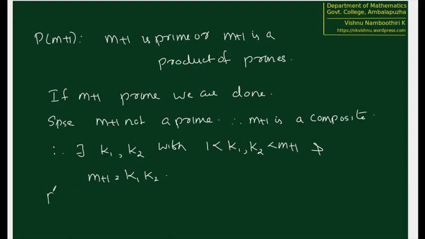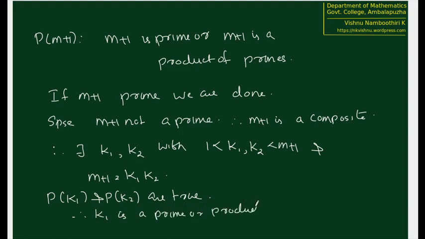Therefore, P of k1 and P of k2 are true, because k1 is from 2 to m, k2 is also from 2 to m. Therefore, k1 is a prime or product of primes, and so is k2. k2 is a prime or product of primes.